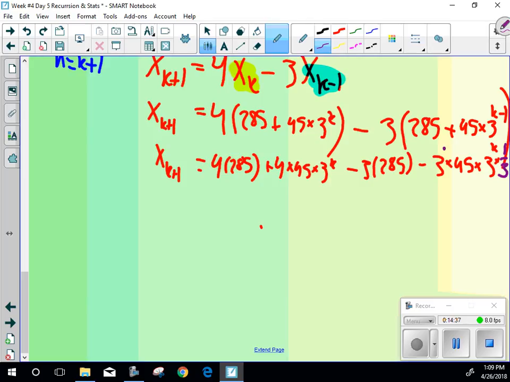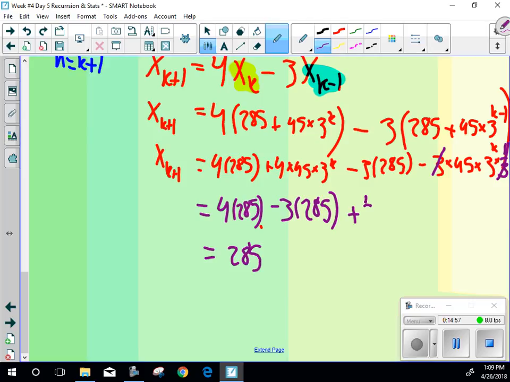So what will happen here is that these will cancel out. And so you're going to get 4 285s minus 3 285s. And by the way, how many 285s is that? 1 285. Then you're going to get plus 4 times 45, 3 to the k's, minus 1 times 45 times 3 to the k, because the 1/3 and 3 cancel out. If I have 4 45 3 to the k's minus 1 45 3 to the k, how many 45 3 to the k's is that?